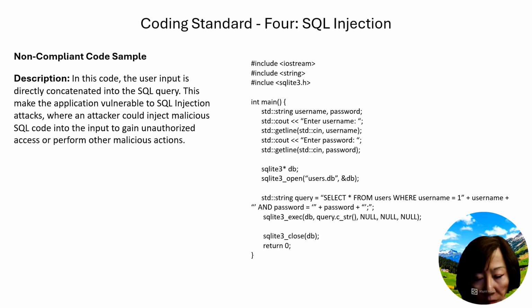Let's look at this select statement here. Select asterisk from users where username equals something and password equals something. Now, if this statement is concatenated with a string that says or 1 equals 1, what will it do? The portion that says or 1 equals 1, the 1 equals 1 is always true, right?